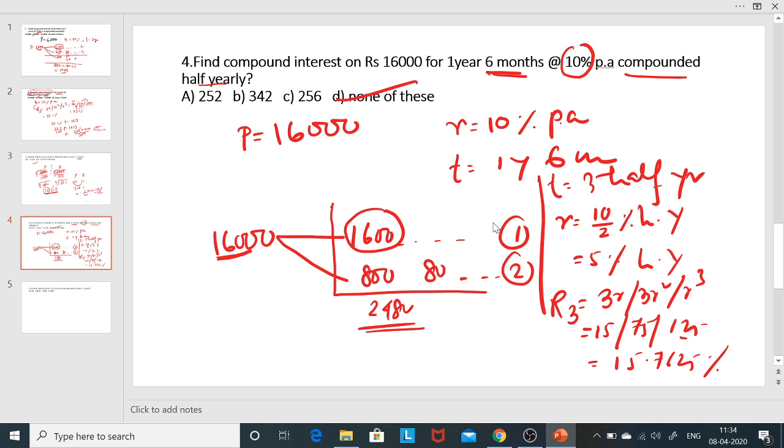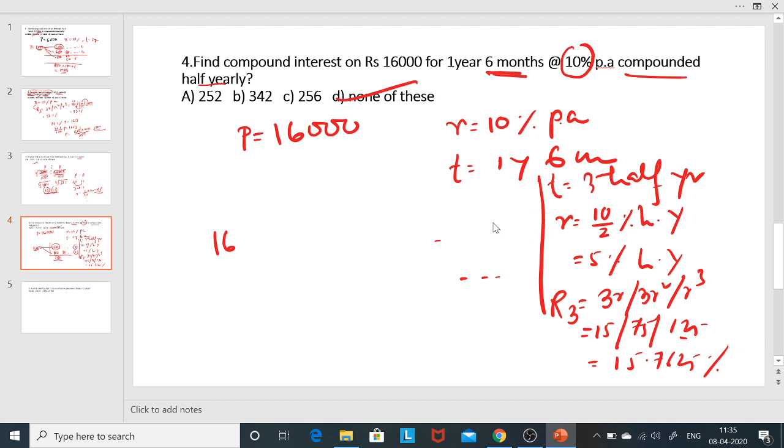Now if you want to calculate using this conversion method, your CI will be just 15.7625 percentage of 16,000. Okay, now let's make some approximation here.